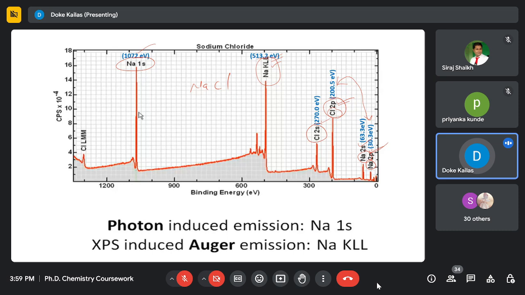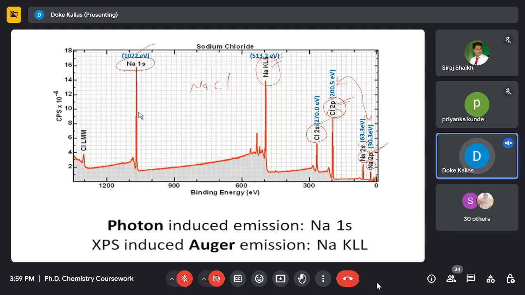The difference between this energy and the Fermi level energy is nothing but the binding energy. But the Auger electron is a secondary electron. An electron is ejected from 1s, and to fill the vacancy, one more electron is ejected from 2p. So the energy gap between this valence shell and the Fermi level is smaller.